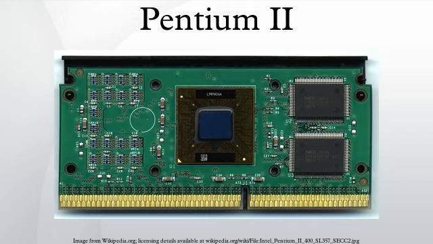Deschutes. The Deschutes core Pentium II, which debuted at 333 MHz in January 1998, was produced with a 0.25 micrometer process. The 333 MHz variant was the final Pentium II CPU that used the older 66 MHz front-side bus. All subsequent Deschutes core models used a 100 MHz FSB.